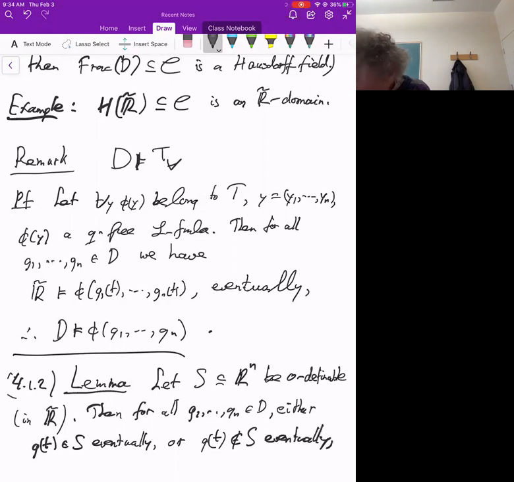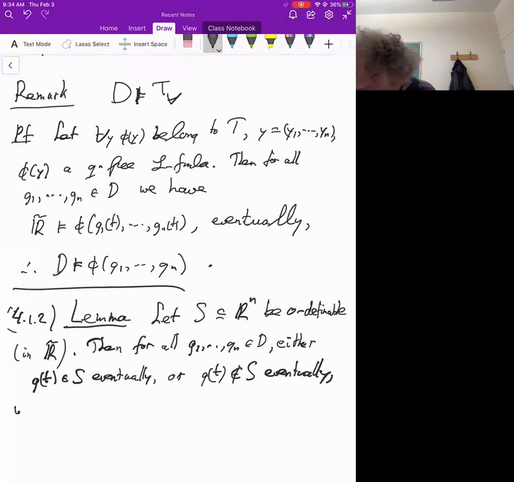Where, of course, g(t) is what you think it is, I hope: g1(t) up to gn(t).